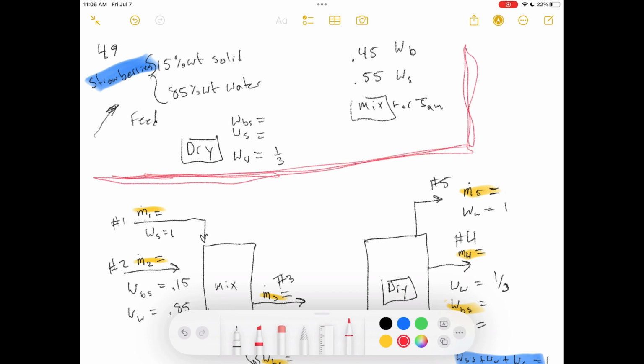This is the strawberries by mass. It's the feed that's going in, or one of the feeds going in. Then we have a sugar feed going in, and they're mixed at this ratio. And then we know that in the dryer, what comes out is 1/3 water by mass. That's what they gave to us.